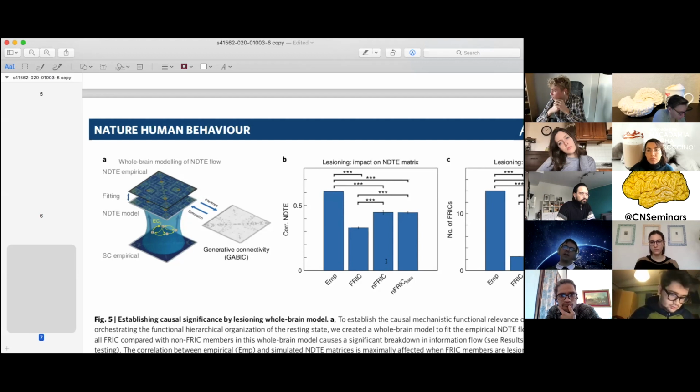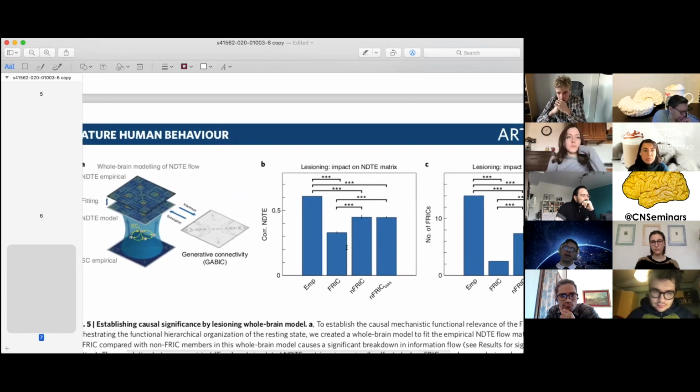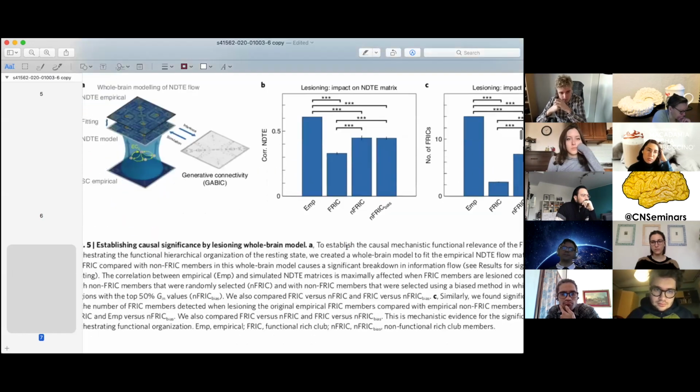When it's in a non-FRIC region, you can see that there is a significant difference from a lesion in the FRIC, but you still have a difference from the normal functioning. But their prediction is that a lesion to the FRIC system would be the worst in terms of the overall functioning and the brain power, if you want, of individuals to interact and really be themselves.